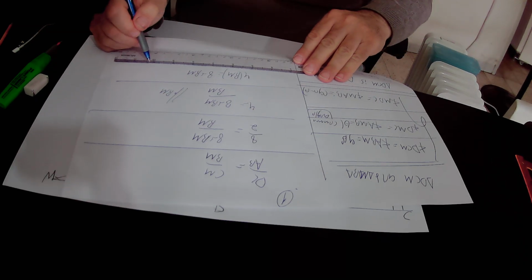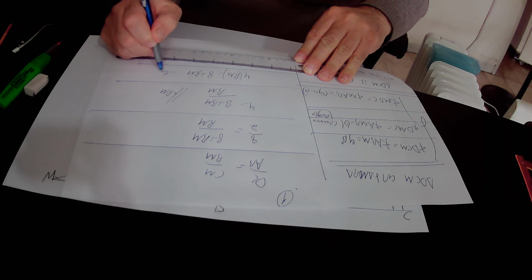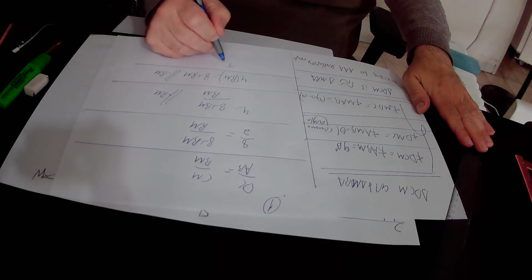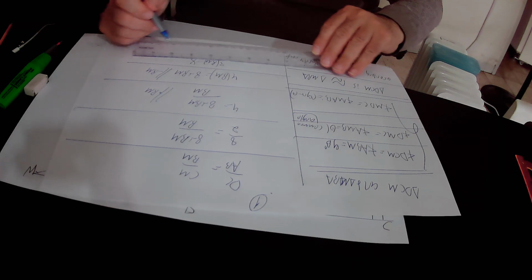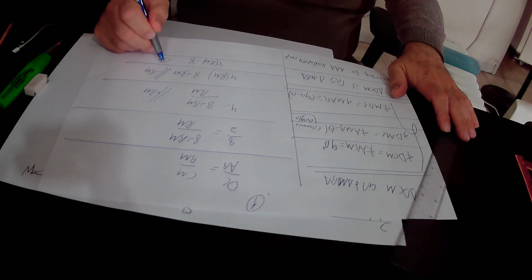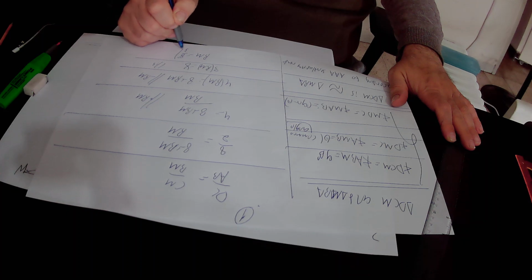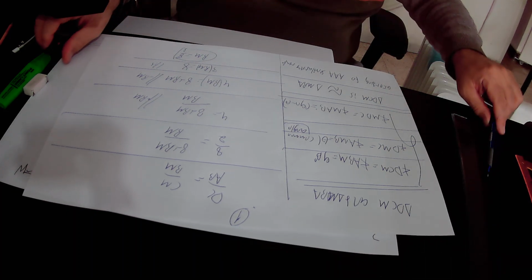So here we subtract BM from this equation, and we get that 4 BM minus BM is 3 BM, that equals 8. Here we divide this equation by 3, and finally we get that BM equals 8 over 3 units in its length. BM equals 8 over 3.